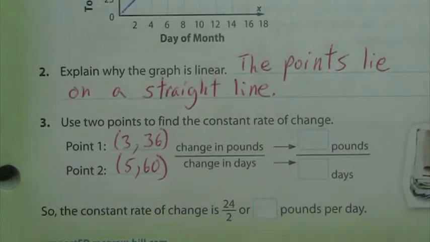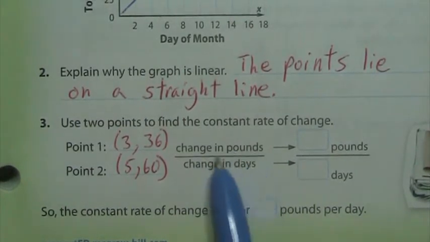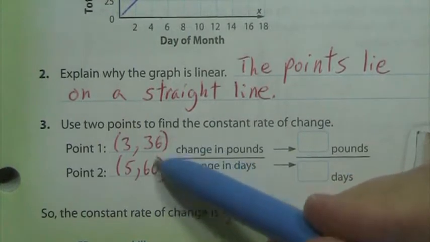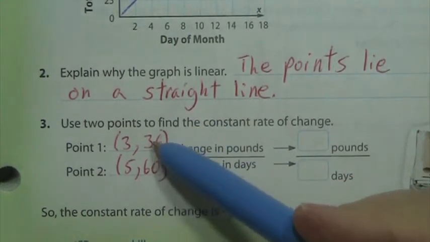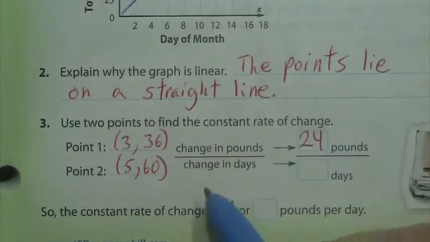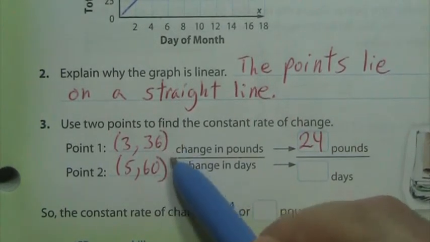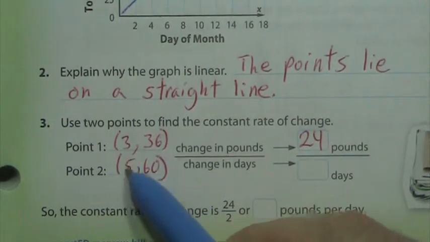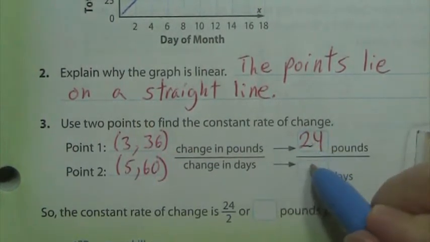All right, now let's find the change in the pounds. That's the change in the y. 36 to 60. If I subtract those, 60 minus 36, I would end up with 24, right? That's the change in the y. How about the change in the x? From 3 to 5? That's just 2.